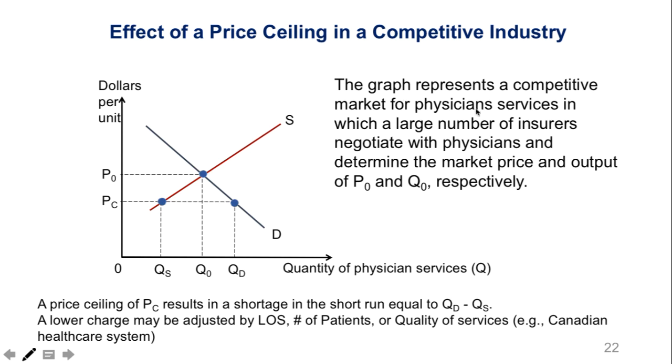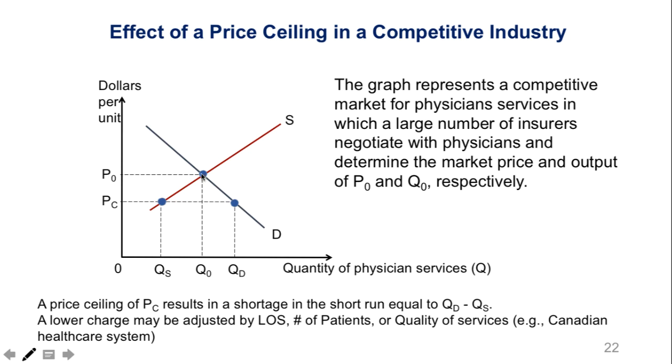So the graph represents a competitive market for physician services in which a large number of insurers negotiate with physicians and determine the market price and outcomes of P0 and Q0 respectively. That's the case without government intervention. We have the equilibrium price and quantity at the intersection of the supply and demand.